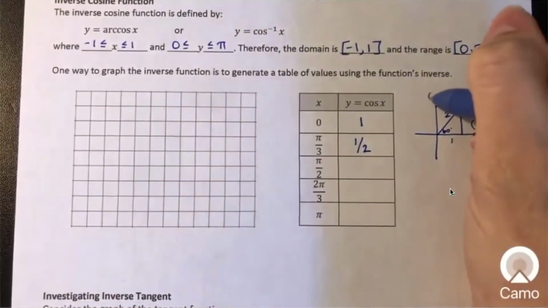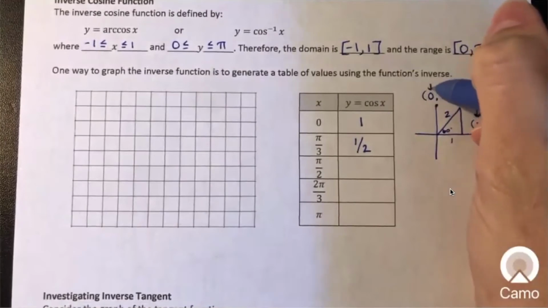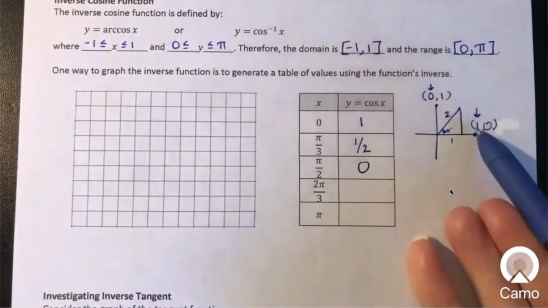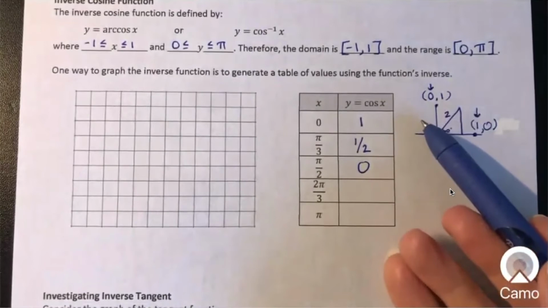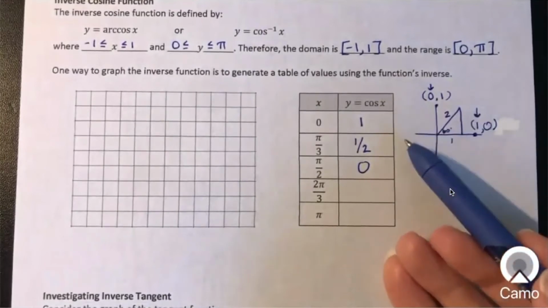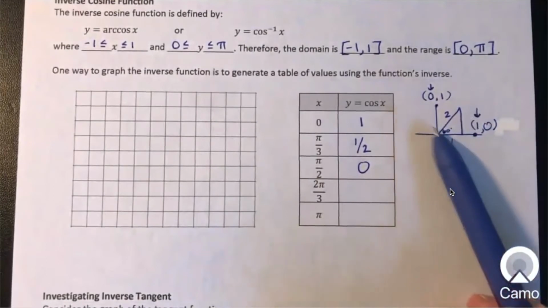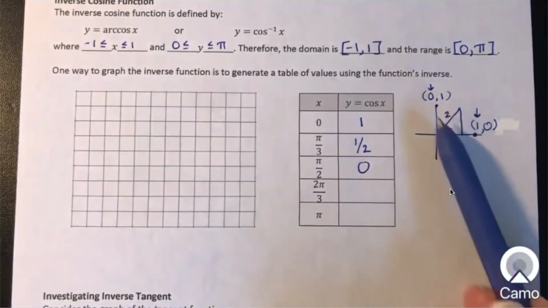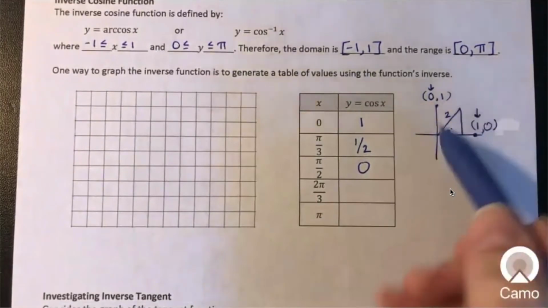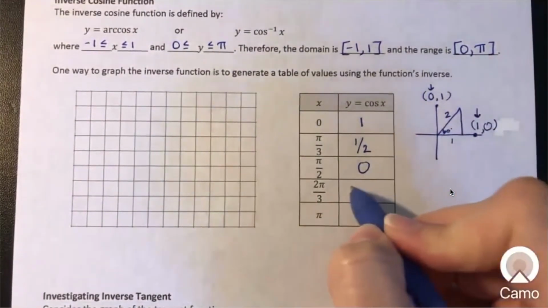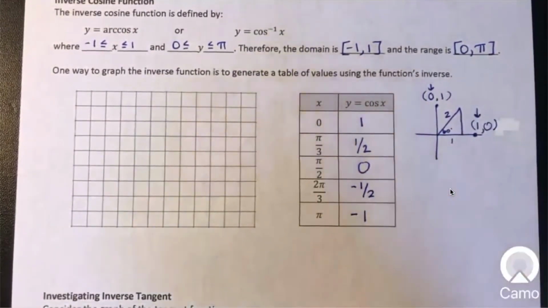At pi over 2, our x coordinate is 0. And then we know that 2 pi over 3 and pi will be the same values reflected across that y-axis. So they will be negative because cosine is negative in quadrant 2, where x is negative.